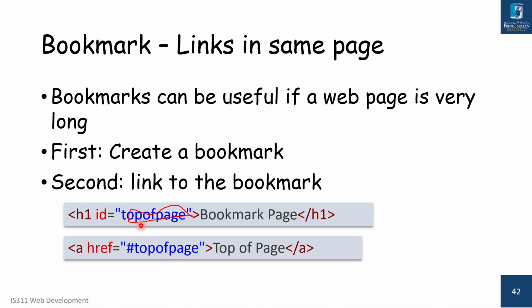Here, this one, top of the page, and that should be exactly the same, including capital and small letters. Understand? First of all, inside the page, we create a bookmark, and then at any other place, if we want to go to that place, we create a hyperlink. When you click on that, it will automatically take you to that bookmark.